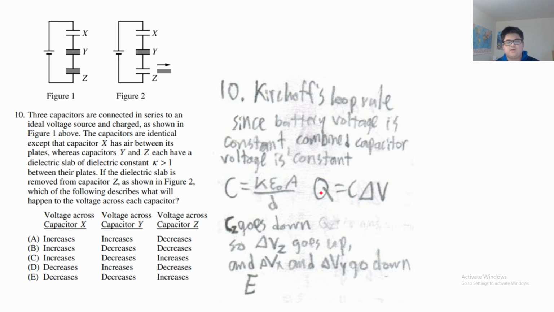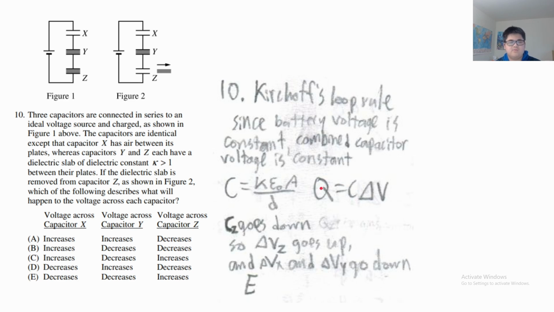And since Q equals CV, Q equals capacitance times the voltage, since the capacitance of capacitor Z goes down, the voltage has to go up to account for the decreased capacitance.